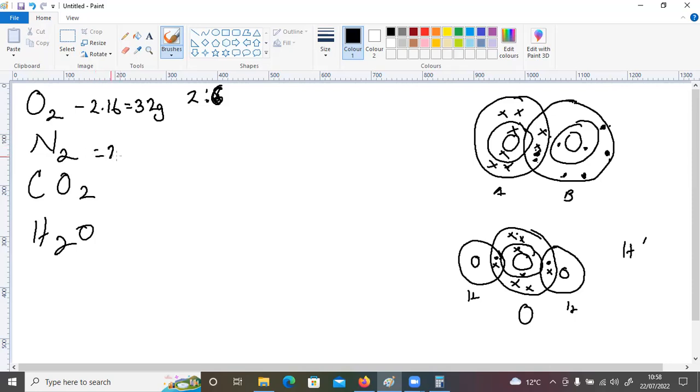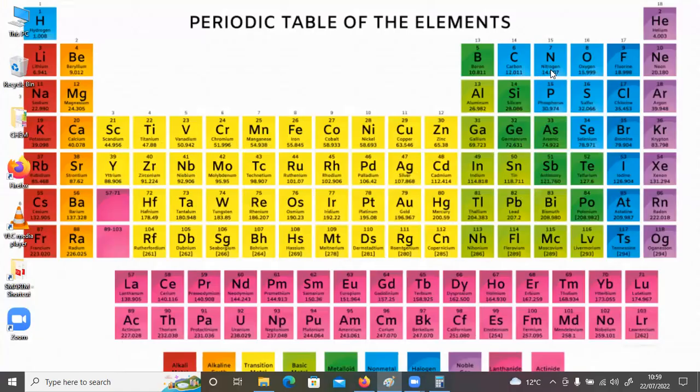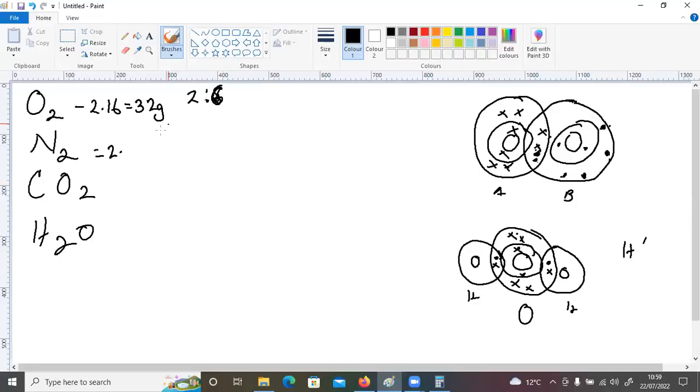The mass of a nitrogen molecule: the nitrogen atom is 14, and the molecule of nitrogen is 14 times 2, which gives 28 grams. The mass of carbon dioxide will be equal to the mass of 1 carbon, which is 12, plus 2 oxygens, which is 32, so 12 plus 32 comes to 44 grams.